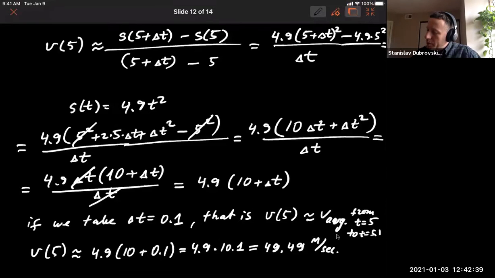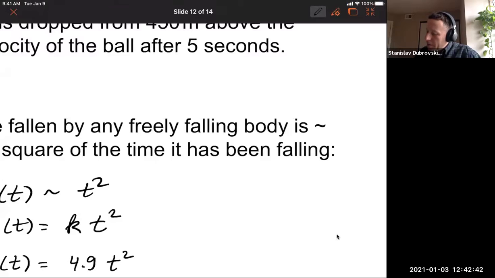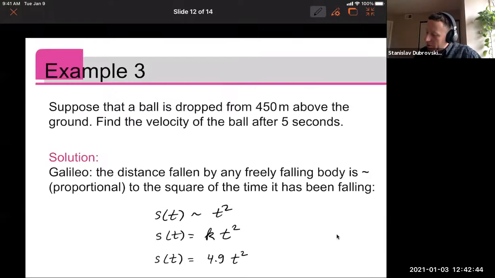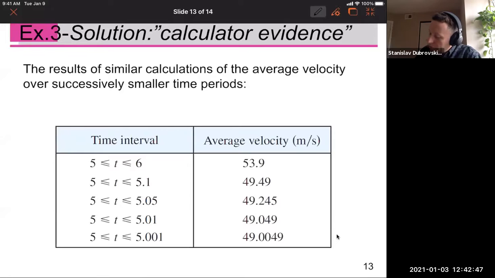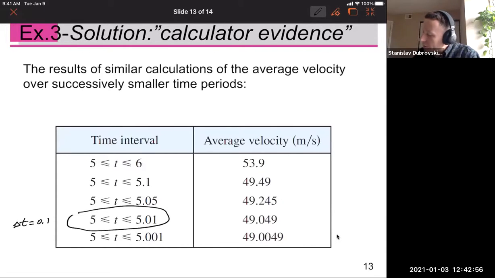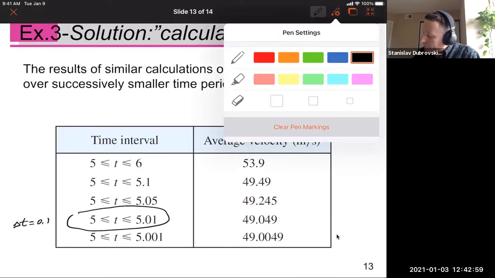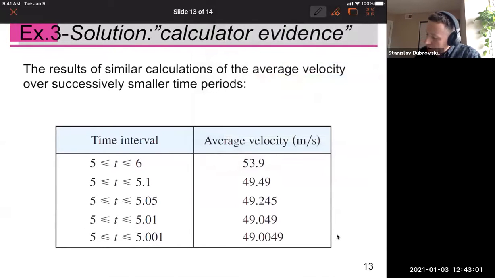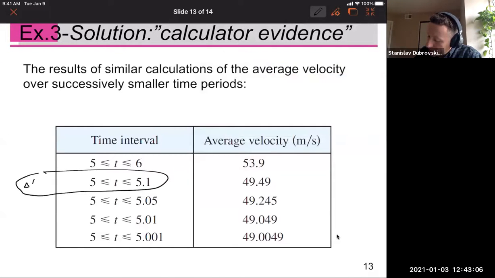Okay, good. Here are some other calculations. So here's where we've taken this increment delta T to be 1/10 of a second, and that's, oh sorry, that is 100th of a second, my bad. Yes, that is the interval corresponding to time increment of 1/10 of a second, and that's the average velocity that we get.